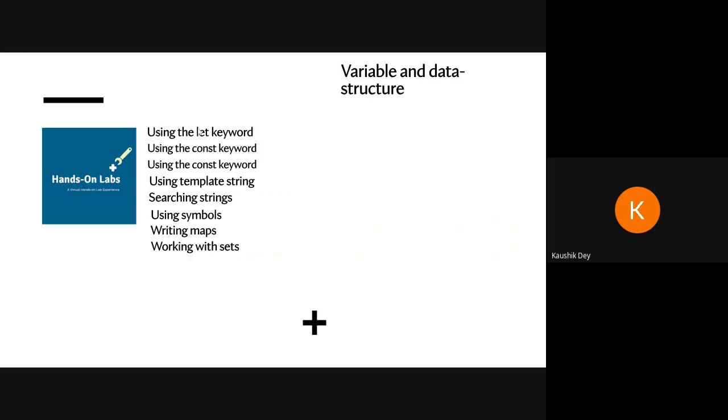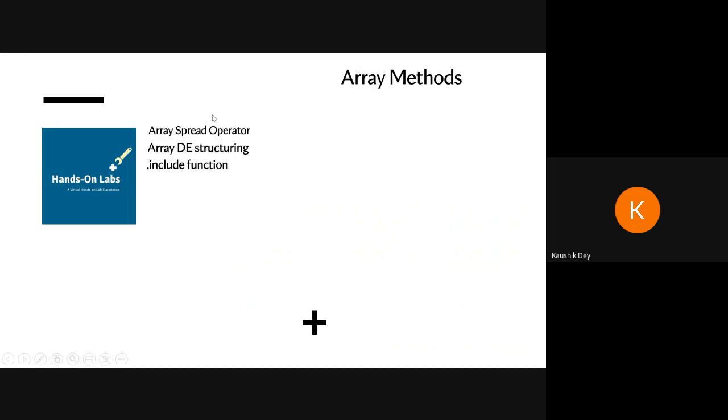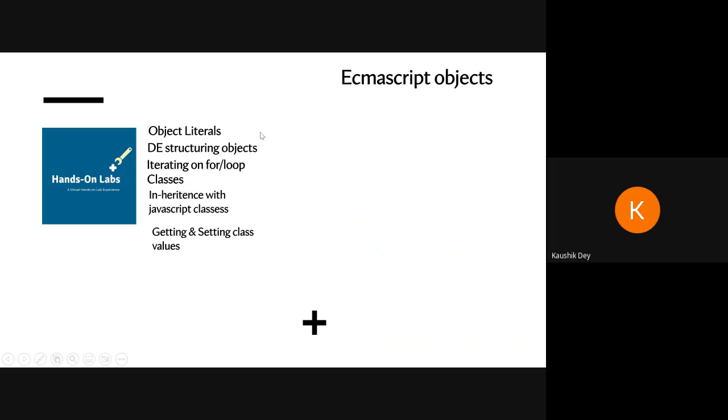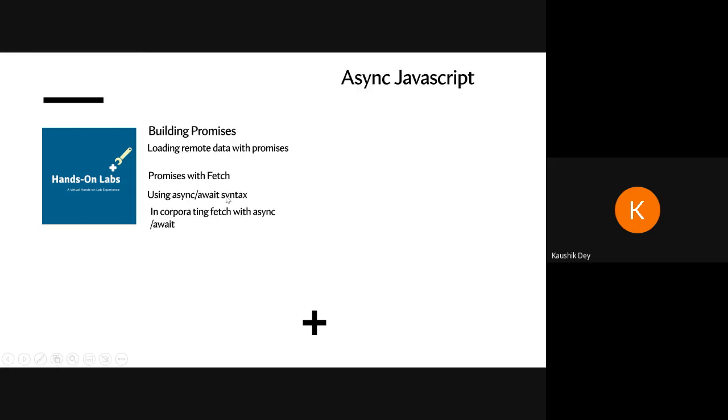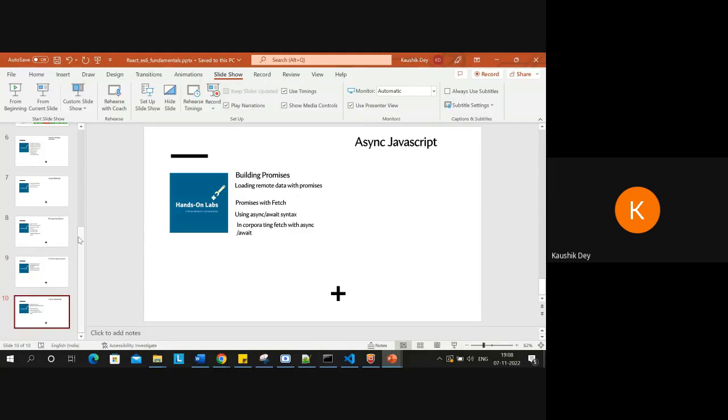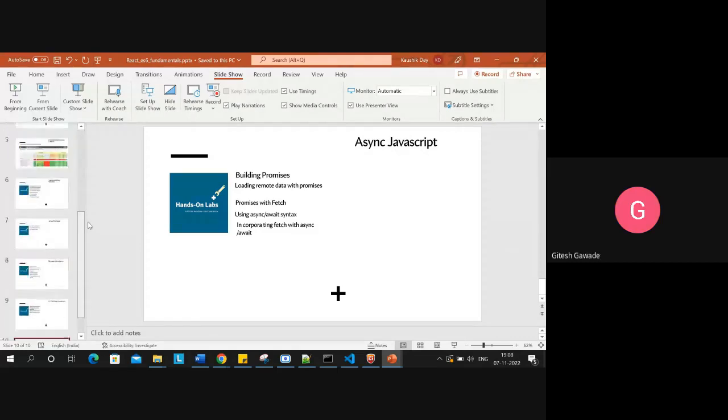Some hands-on parts I will work on: variables, data structures, array methods, the spread operator, destructuring, include function, for loops, JavaScript classes, getters and setters, default functions, arrow functions, generators, along with promises, fetch requests, and async await syntax. I will go hands-on one by one. Are there any questions? Nothing from my side, Kaushik.